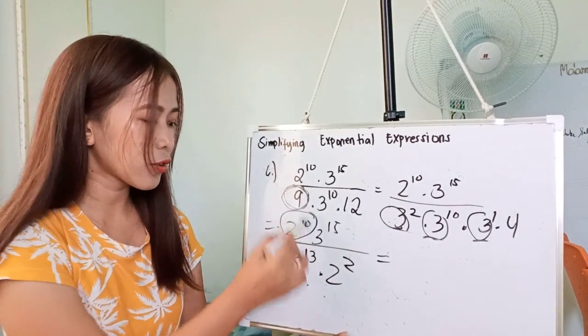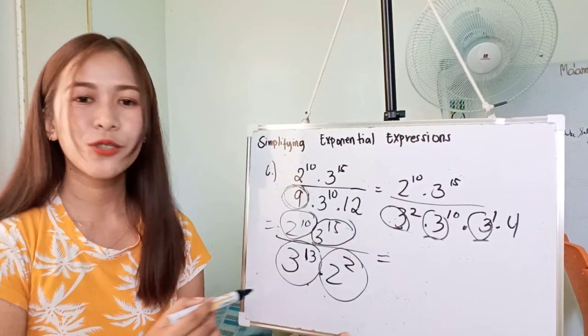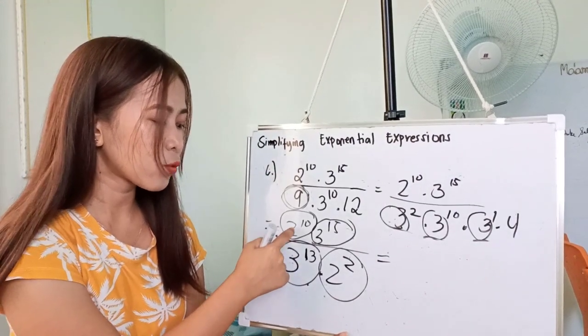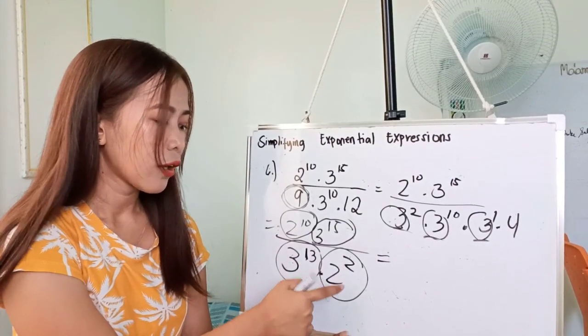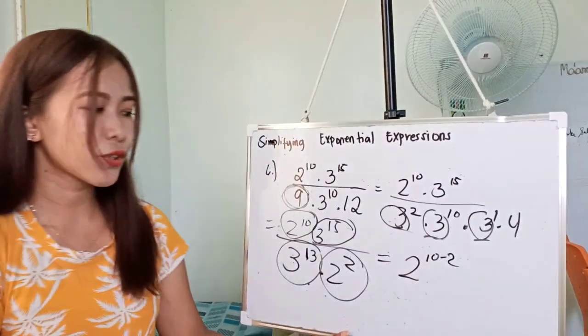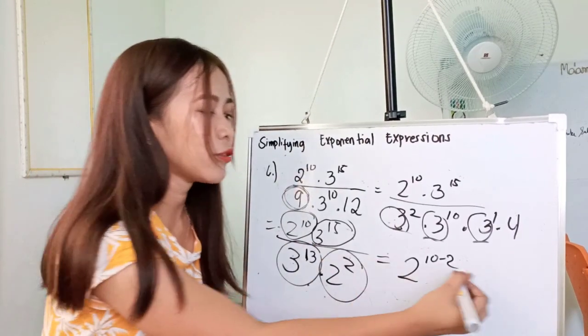Ayan, itong 2 raised to 10, tsaka itong 2 raised to 2, itong 3 raised to 15, tsaka itong 3 raised to 13. Tama. So, unahin natin si 2. Sino pa ang katulad ng base niya? Of course, this one. Therefore, we have 2 raised to 10 minus 2. Di ba? Okay, and then si 3, kopyahin din yung base.